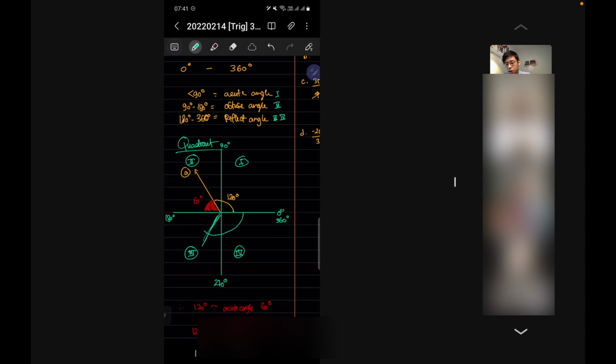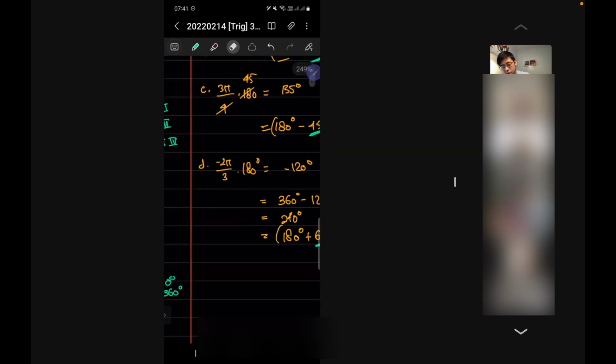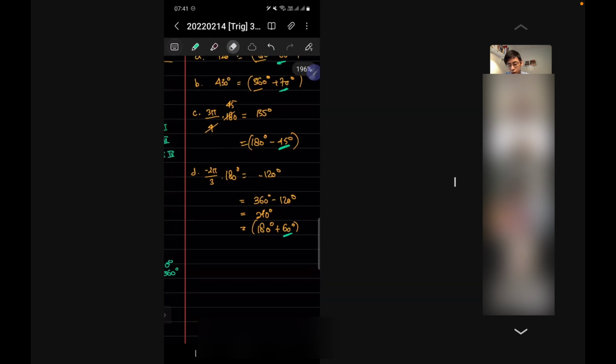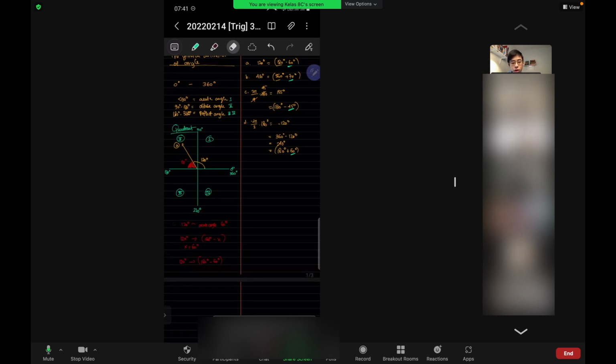Baru habis itu dipakai point of reference dari 180 gitu. Karena dia minus, dia clockwise. Oke, kita mesti tahu dulu sudut aslinya berapa. Dan using point of reference dari 180 baru kita oke. Ada lagi yang mau ditanya dulu sebelum kita lanjut?